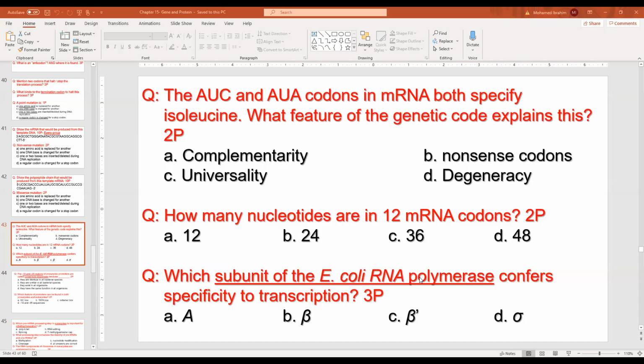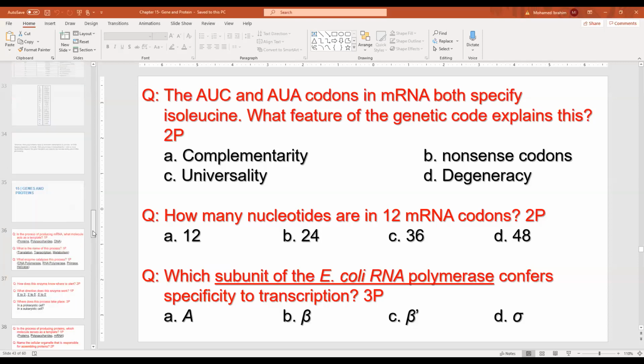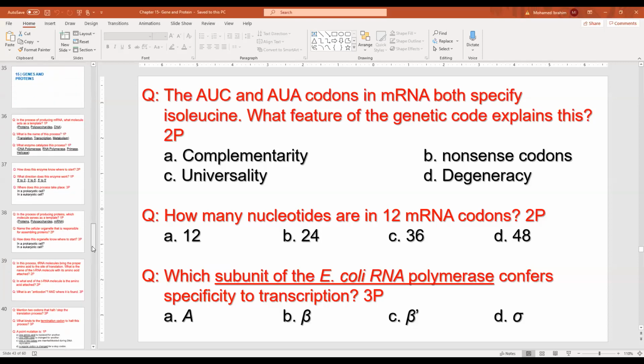Which one is the gene expression? Let me share this. Okay, this is the gene expression chapter. Can you see this PowerPoint presentation now?